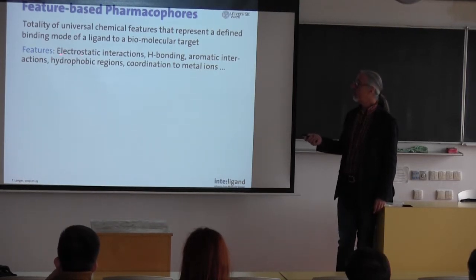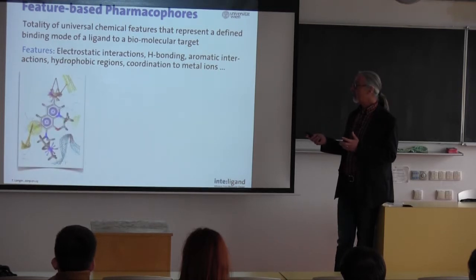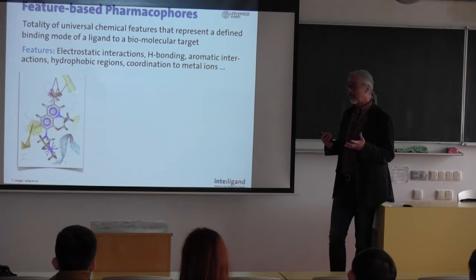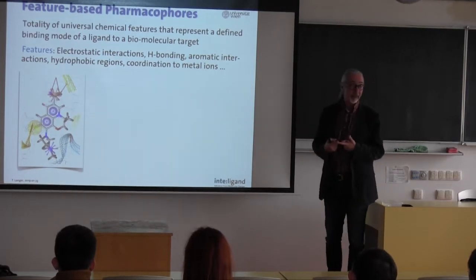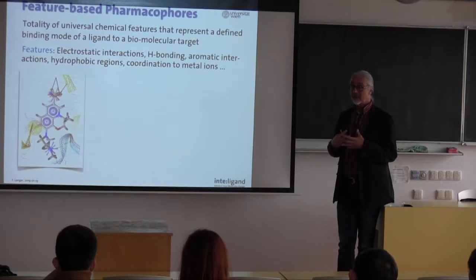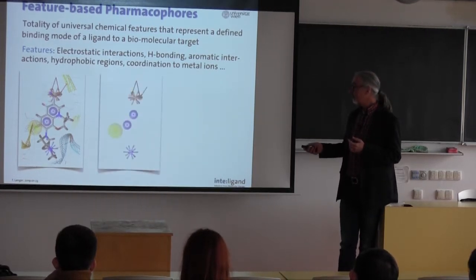Then we have hydrophobic interactions, which are entropic interactions, and coordination to metal ions. This can be derived pretty easily from structural biology methods, for instance from X-ray crystallography of ligands co-crystallized with your target. You can immediately derive these interactions.